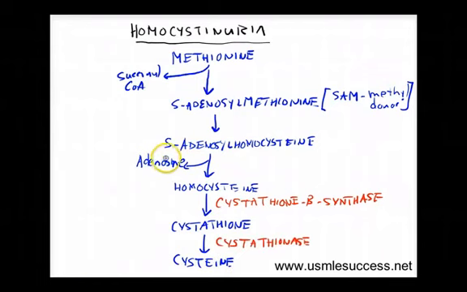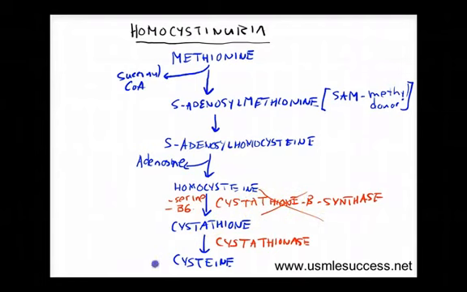Now, the problem in homocystinuria is that we're missing the enzyme cystathionine beta synthase. Okay? Now, something to keep in mind is that cofactors involved in this reaction are serine as well as vitamin B6. But it's not important because in homocystinuria, this enzyme is missing.